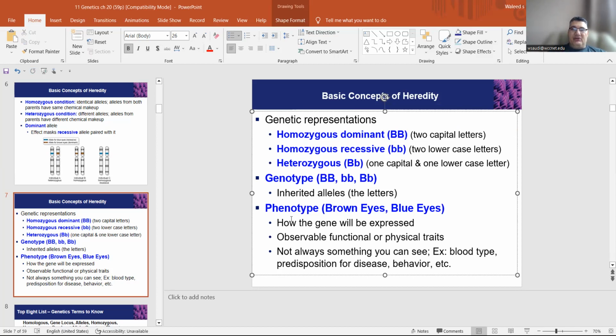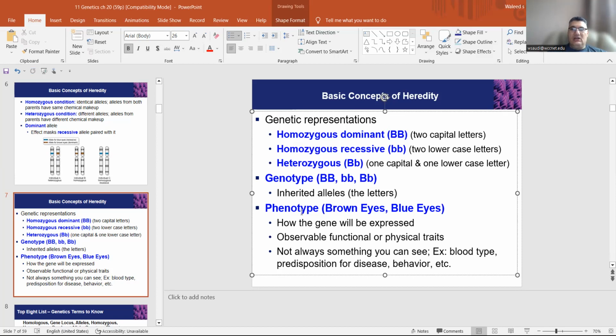Here is the genotype and phenotype that I told you. This is the core of that chapter you have to note. This is the genotype. If I ask you, what's your eye color? Brown. That's phenotype. I look at your eyes and I say, this is brown, this is blue, this is black. Yes, these are observable traits or functions, whether physical or functional.